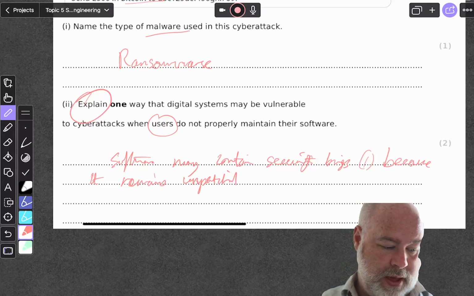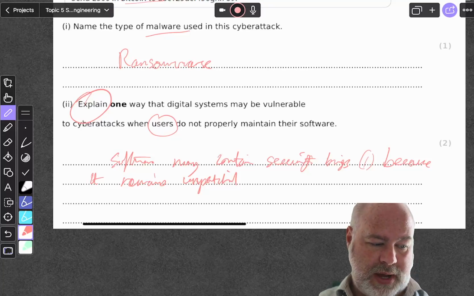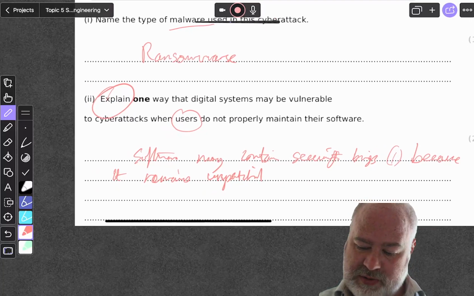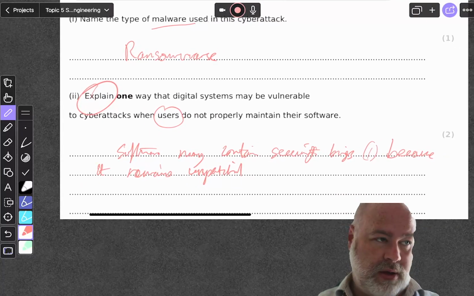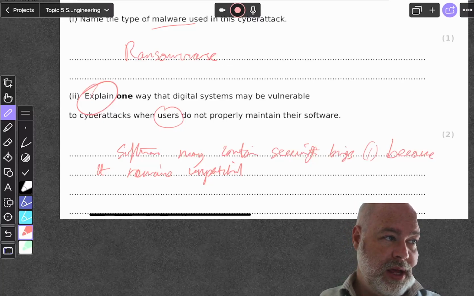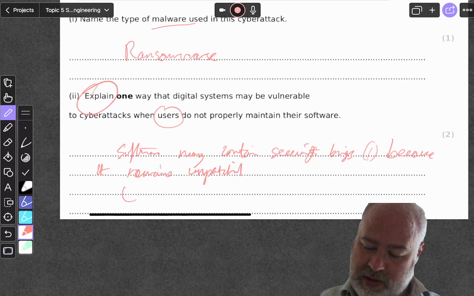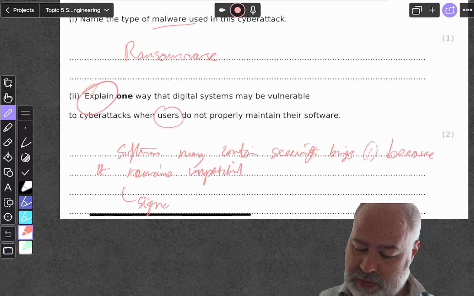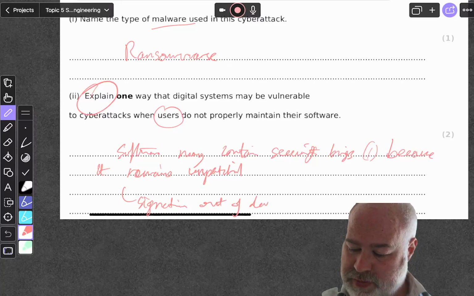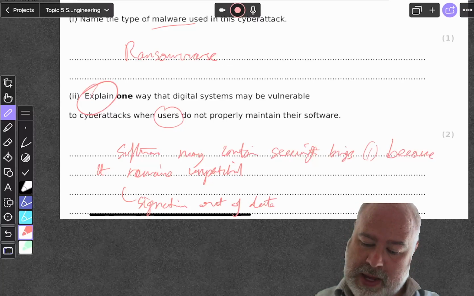Okay. Going back to that last video that we made on technical vulnerabilities, that would be a good way of answering that. Or anti-malware might not identify an attack because the signatures are out of date, something like that.